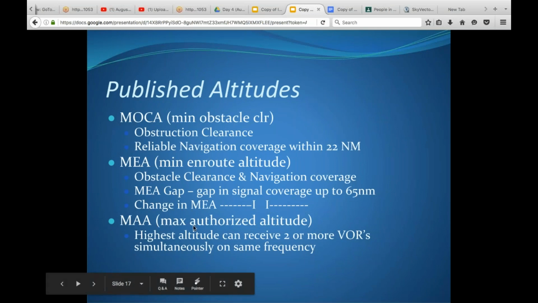And then the MAA, the maximum authorized altitude, this one's not going to be as much of an issue. Most planes that we're going to be worried about can't even get very high.